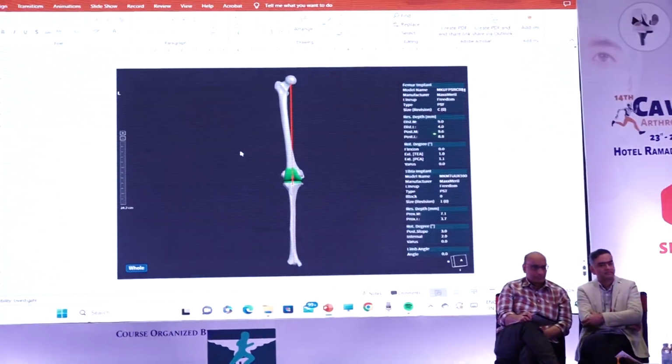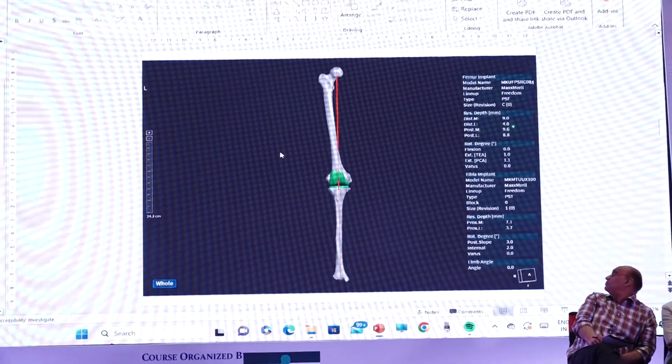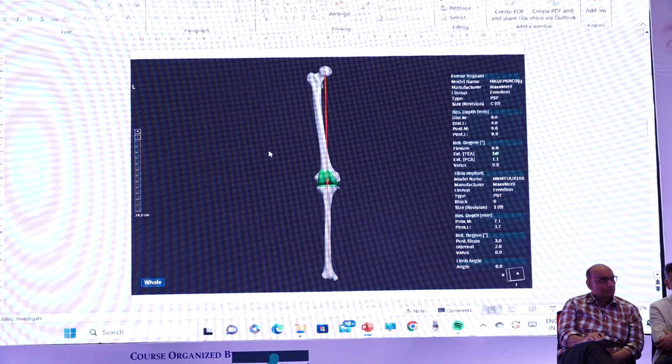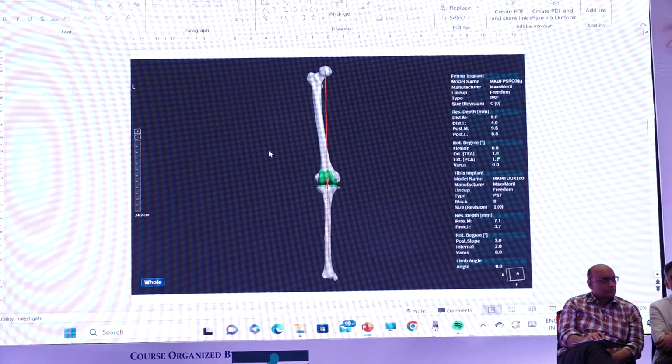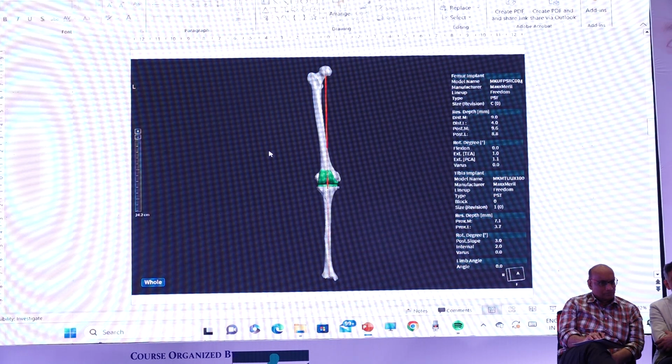We were cutting distal 4 on the lateral side. Posterior medial was 9.6. The implant is 8.2. Posterior lateral was 8.8. And we were 1 degree external rotation to surgical transepicondylar axis with one size tibial tray with proximal medial cut of 7.1.